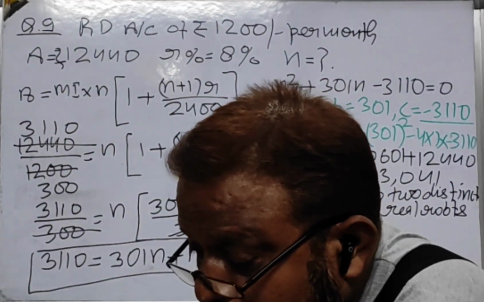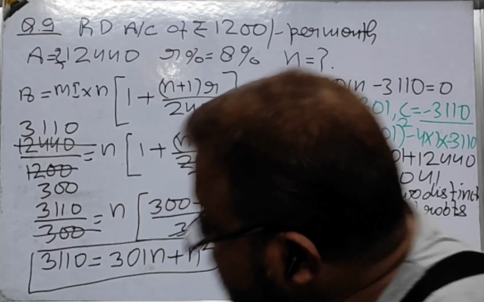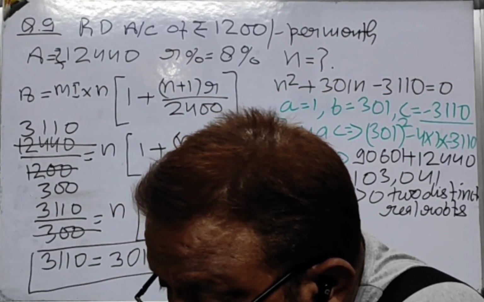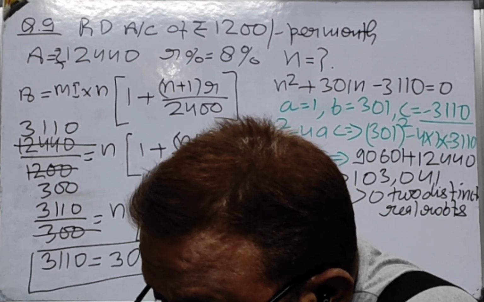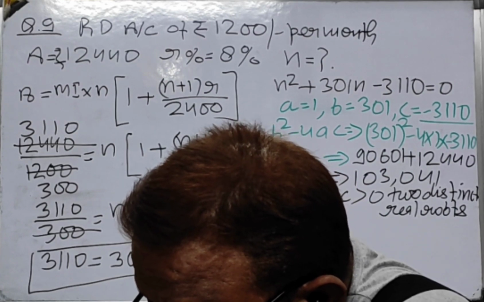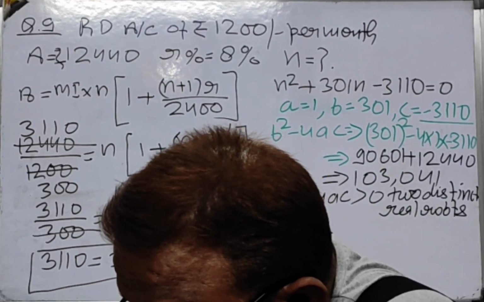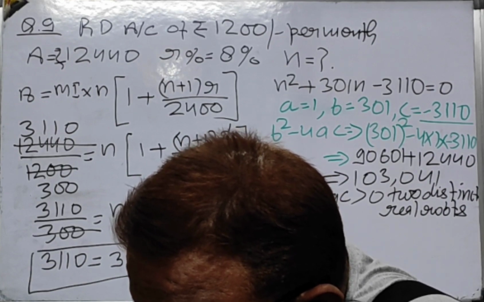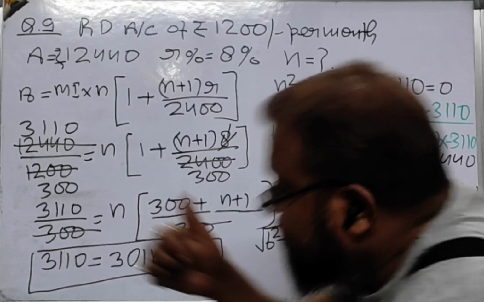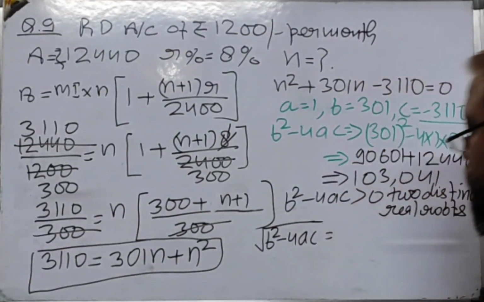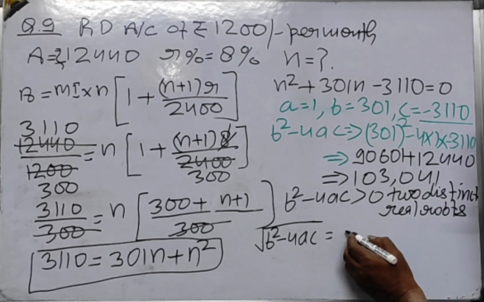Let me check it out. 1,03,041. Yes, this is the perfect square of 321.